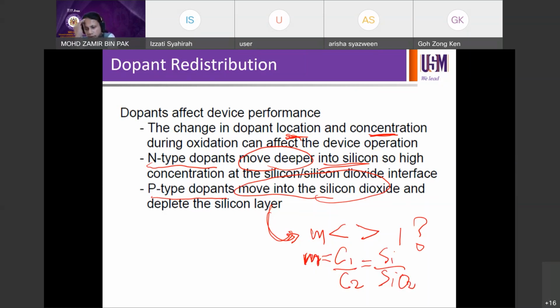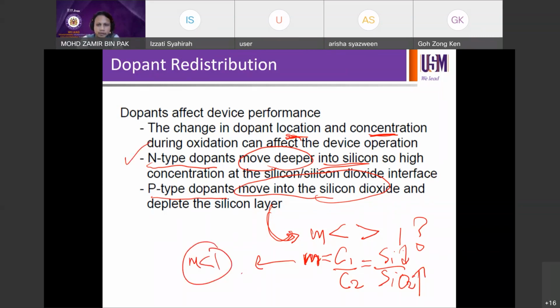Remember, C1 over C2 is the concentration of dopant in silicon over silicon dioxide, right? Since dopants are moving into silicon dioxide, you should expect silicon dioxide to have more, and silicon will be more depleted. So less over more will be less than 1.